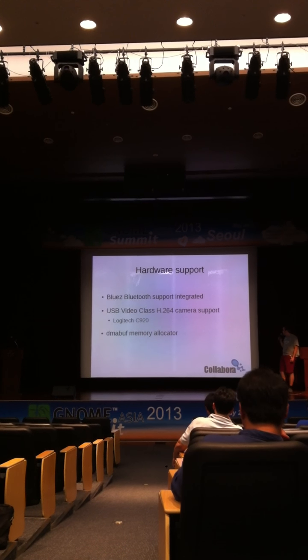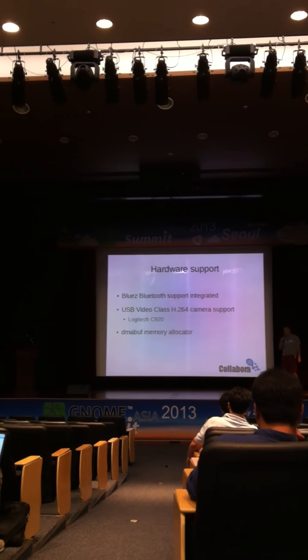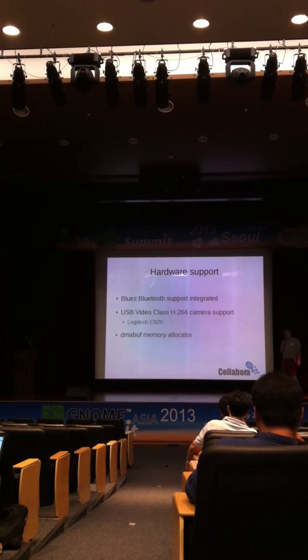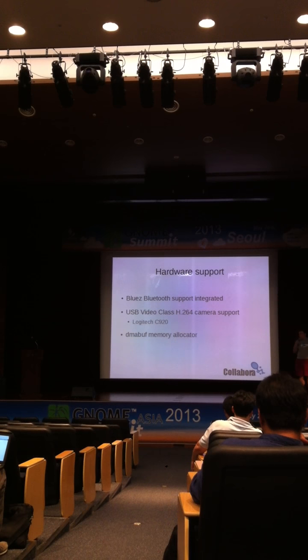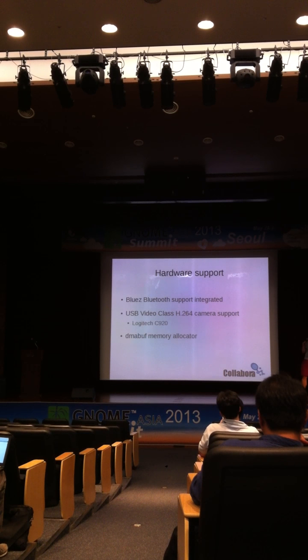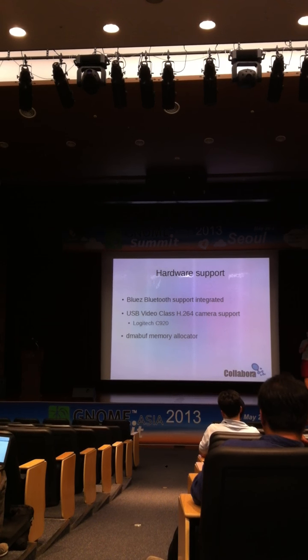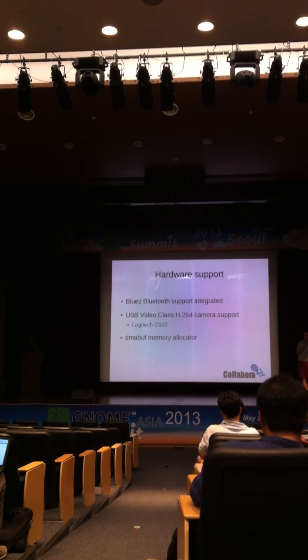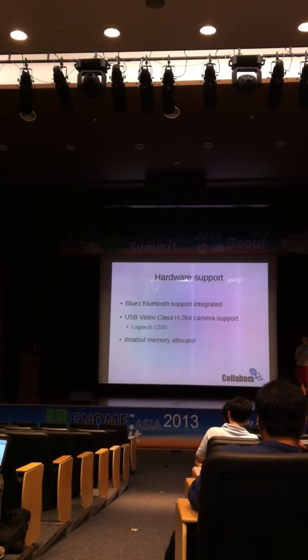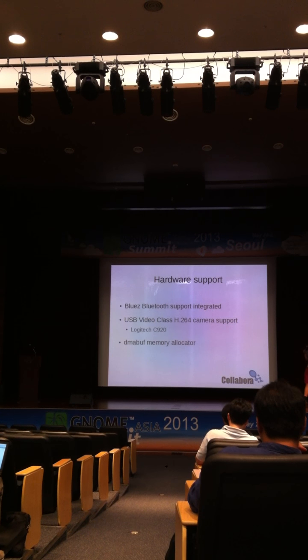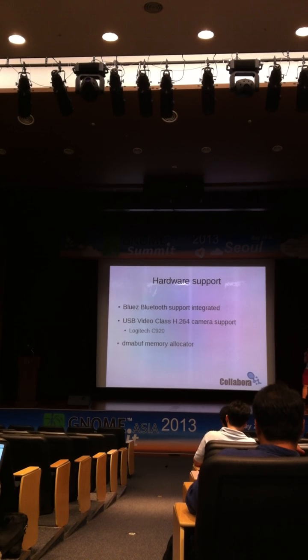Another thing I'm quite happy with is finally we have support for H.264 encoding cameras on the desktop. There's a standard called the USB Video Class, UVC. Almost all of the USB cameras on the market are UVC. They now have an extension to support H.264. The only camera on the market I know that supports it is a Logitech C920.